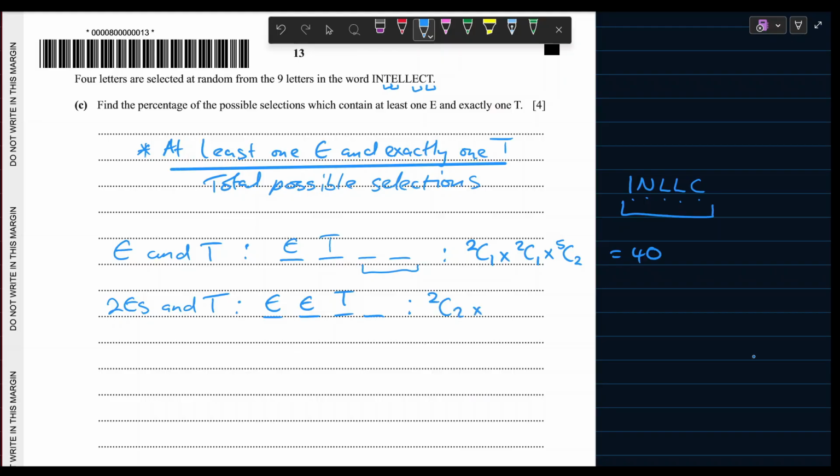And then we want to pick one T from 2. And then finally, we're picking from these 5, and we only have one slot remaining for those 5. So that's going to be 1 times 2 times 5, so 10. And so the total there is going to be 50.